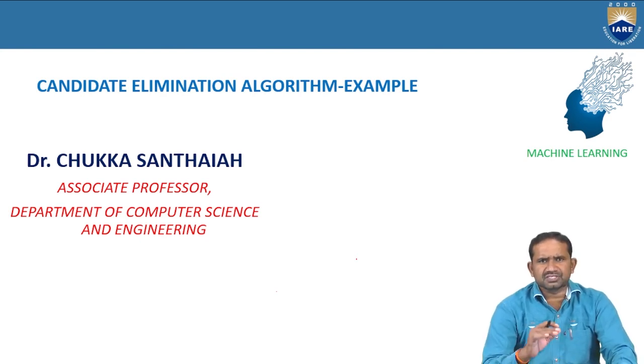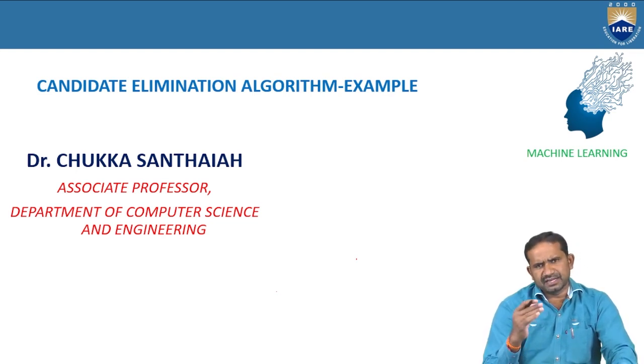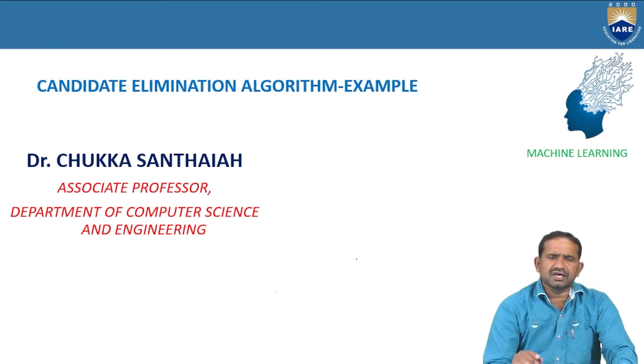Whether any number of positive hypotheses or any number of negative hypotheses are there, it tries to analyze them and give a resulting output, classifying the general hypothesis into one stage as well as the specific hypothesis into one place.